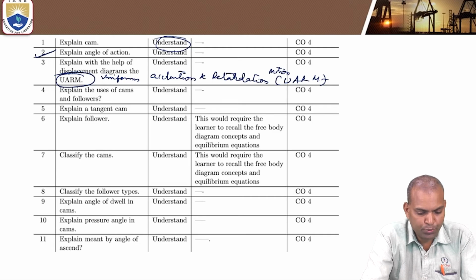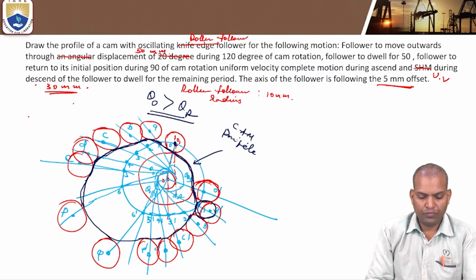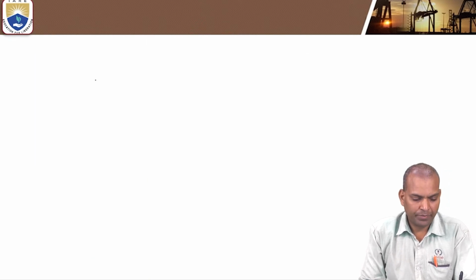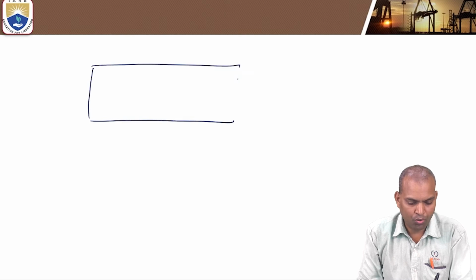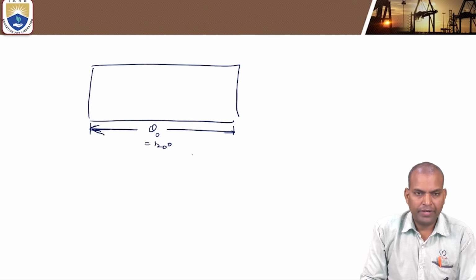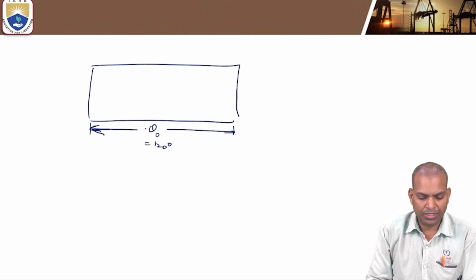So what is the displacement diagram for uniform acceleration and retardation? I am considering only the first, theta O. Consider theta O equal to 120 degrees. Divide this 120 degrees with the scale 20 degrees equal to 1 centimeter.